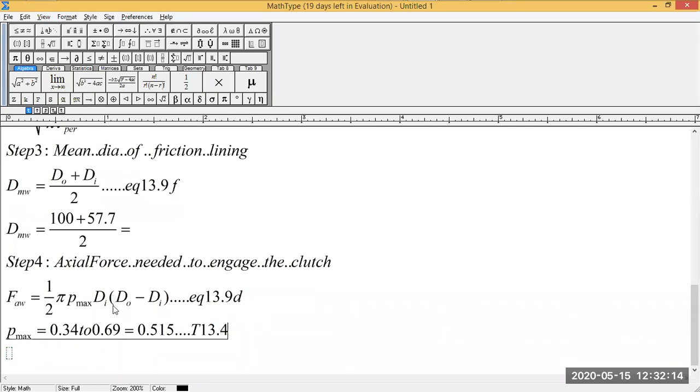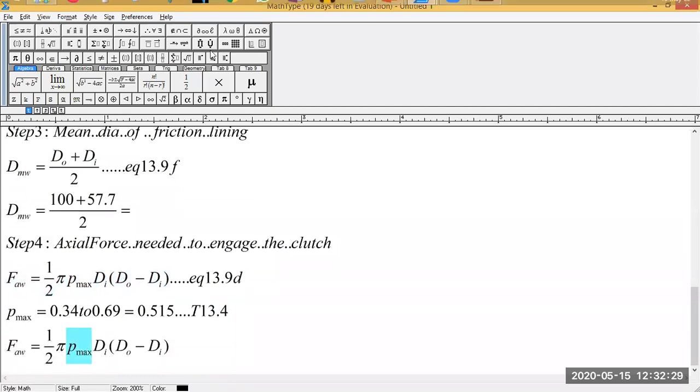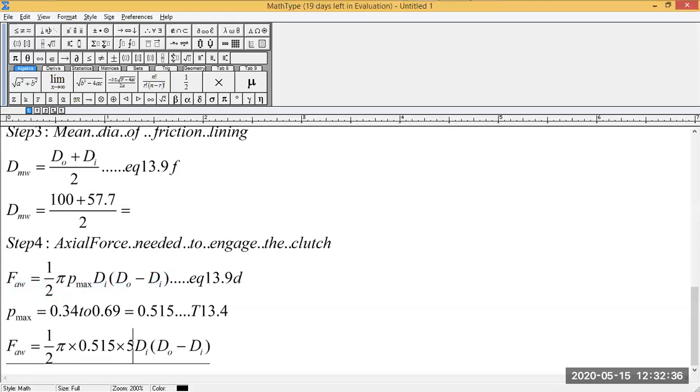Okay, so we have di, and we have all the other data. We can directly go for substitution. Let me copy this. This is pi times Pmax, that is 0.515, and di, which is 57.7, and d naught 100, and di again 57.7.